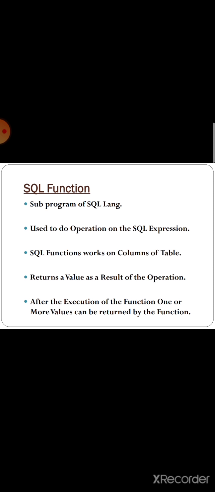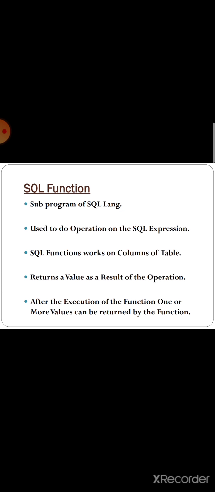So here it is explained as SQL function is a subprogram of SQL language. Okay, it is used to do operations on the SQL expressions. So these functions are used to do some of the operations on the SQL expression which is given in SQL.